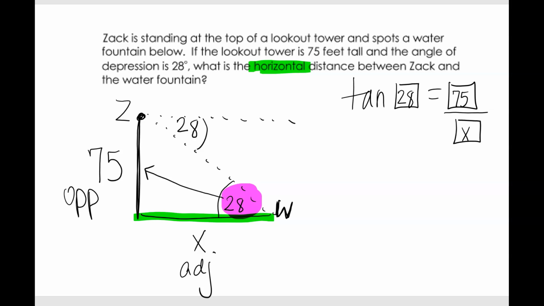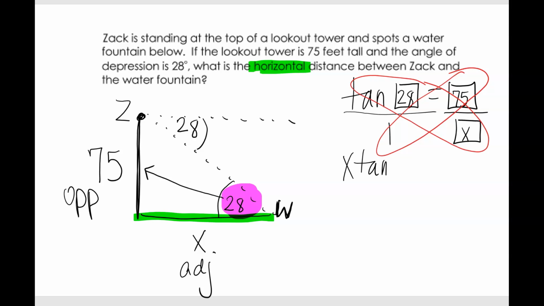When x is a part of the fraction, aka numerator or denominator, we cross multiply. So we get x tangent of 28 is equal to 75 times 1, which is 75. When we need to detach the x from the tangent, we divide by the tangent of 28.